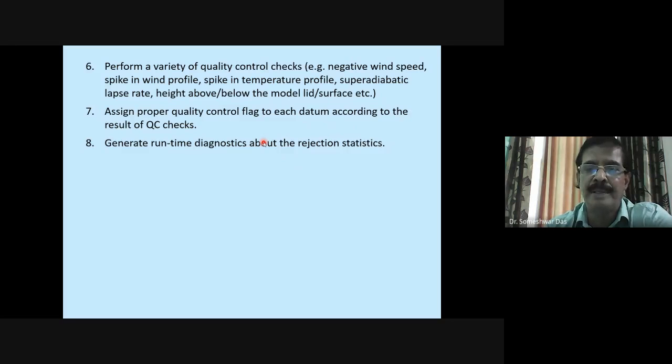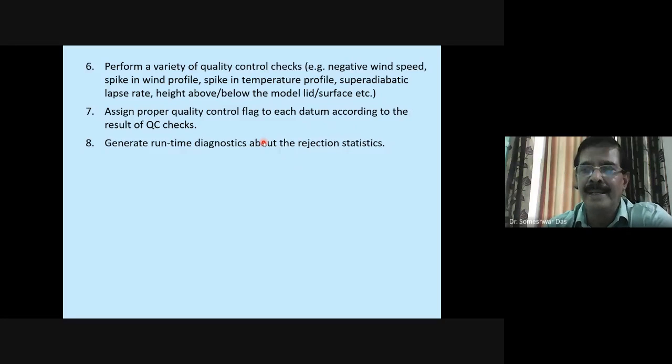Every day it prepares data statistics: how many data were received in total, all types of data, surface, upper air, satellite, etc. It will also make plots of the data received, their locations, etc.